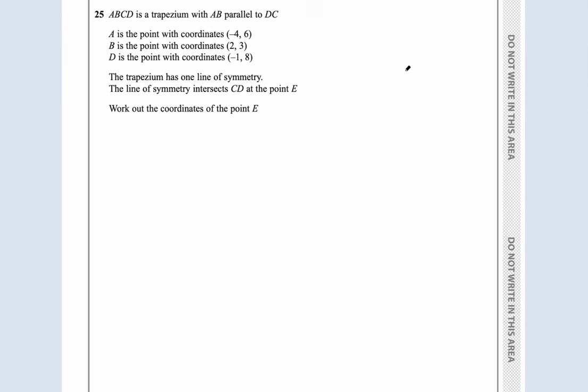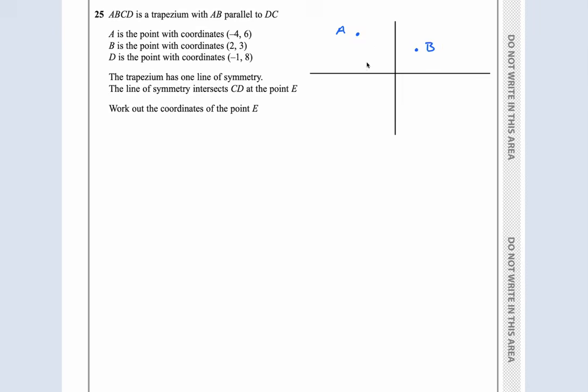Right. I have no idea what to do, so I'm going to start drawing things, right? Because he's actually given me the exact coordinates, guys, I think I'll actually draw a grid. So this guy's at -4, 6. So let's go -4, 6. This is A. B is at 2, 3. Obviously, guys, this doesn't have to be exact.